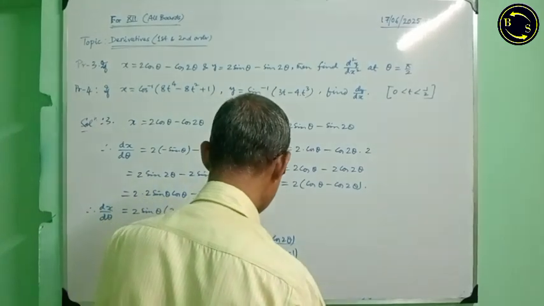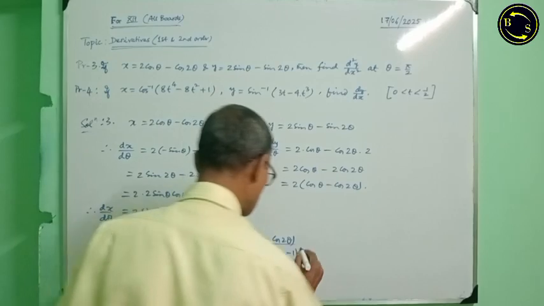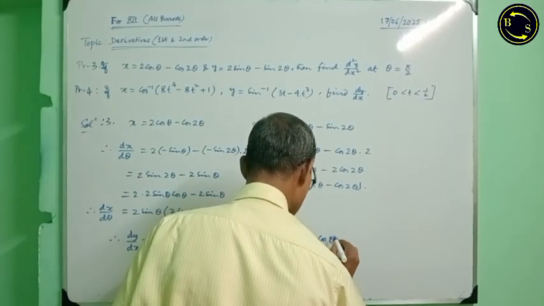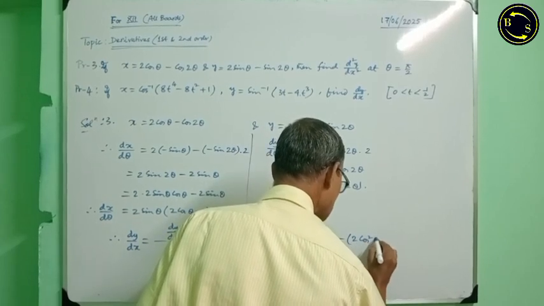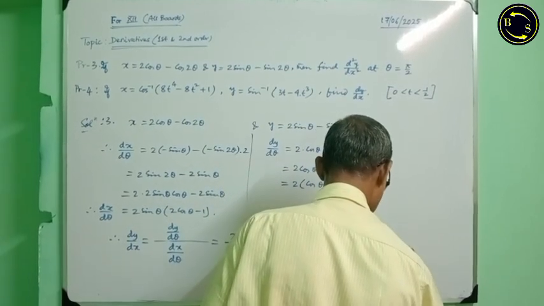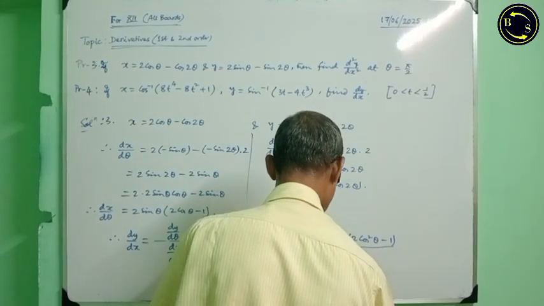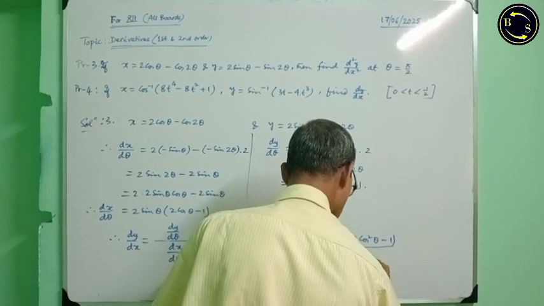Now I put here cos 2 theta as 2 cos square theta minus 1: cos theta minus 2 cos square theta plus 1, over sin theta into 2 cos theta minus 1.